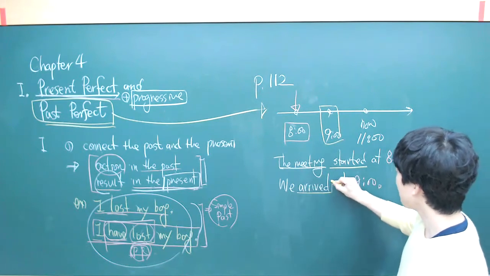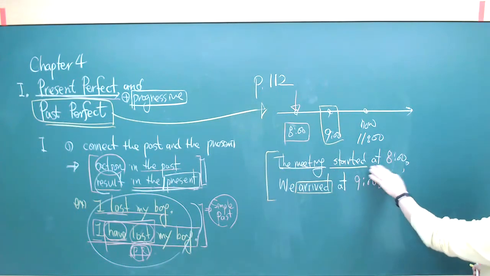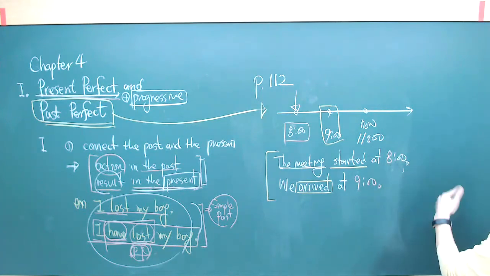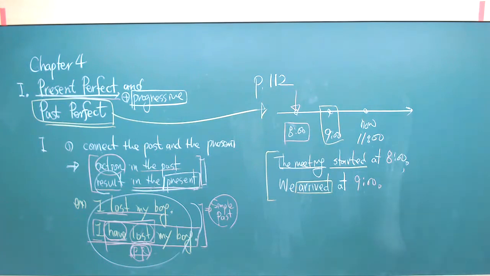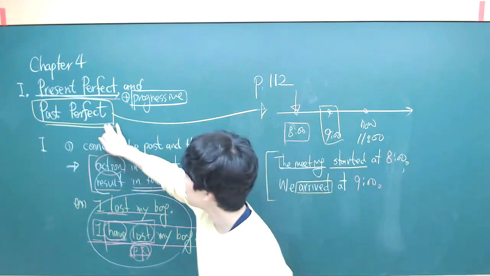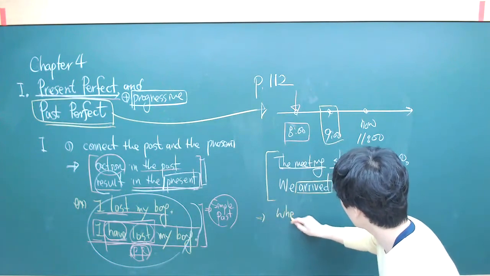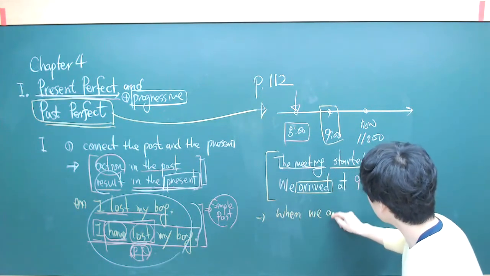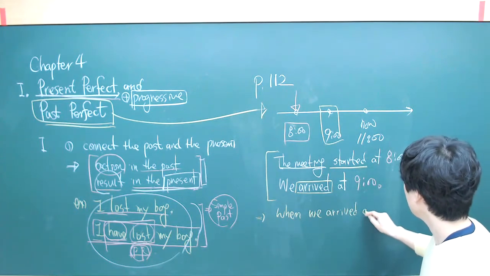Another simple past, because these are separate sentences. So the meeting started at 8, this sentence, and another one, we arrived at 9. You can use past perfect when we arrived at 9.